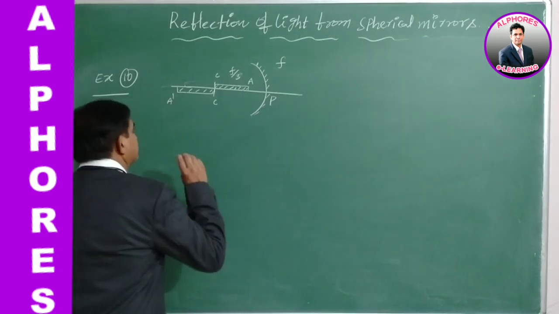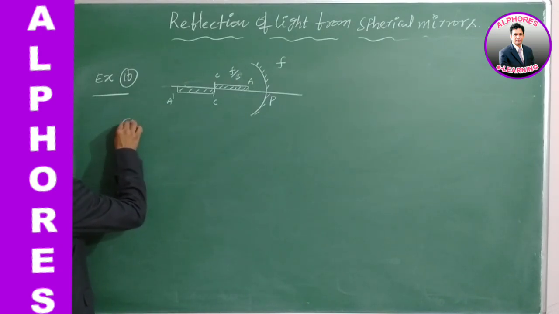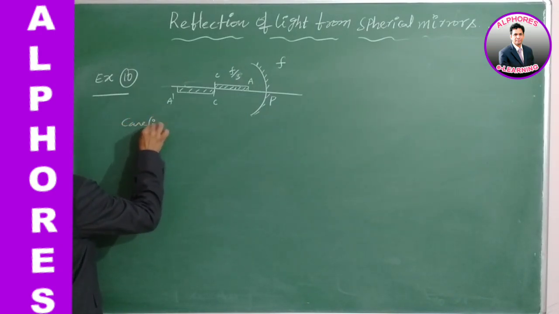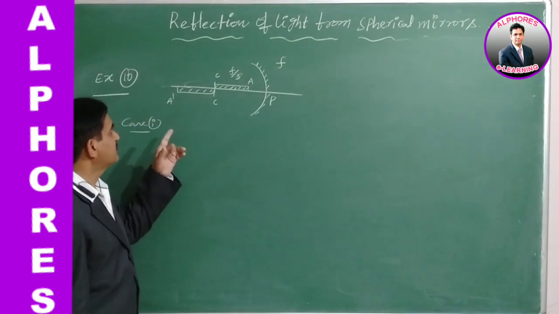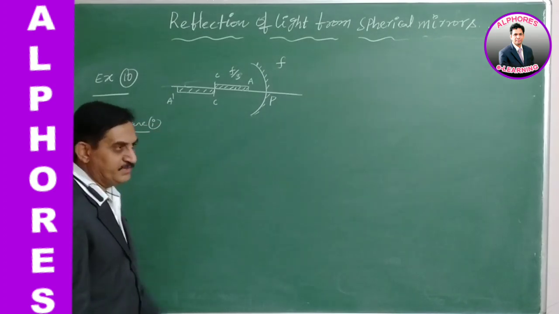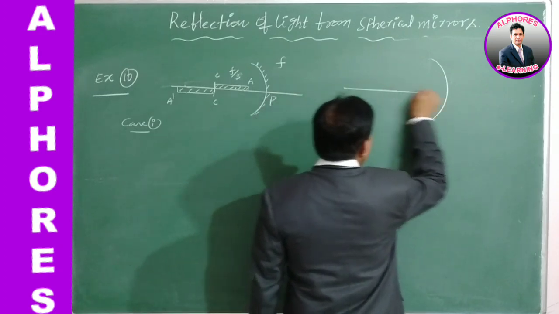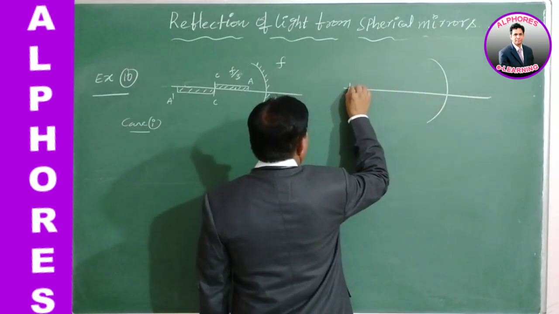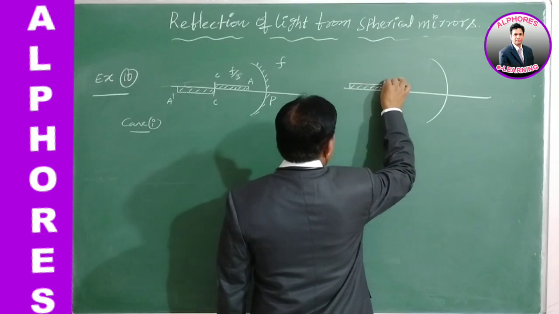Let us consider this as case 1. In this case the object is kept closer and its corresponding image is formed far away. And case 2: the object is somewhere here, far away.